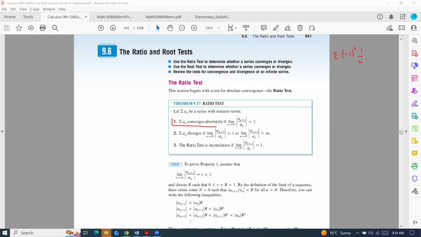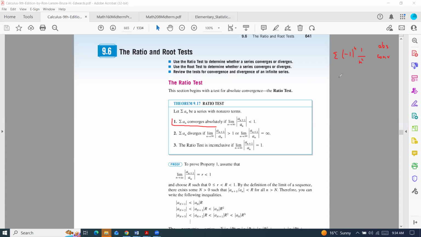So maybe I'll take it squared to make it convergent. So that's a convergent series in absolute values. So it would be absolute convergence. Why is it convergent in absolute values? Well, because it's a p-series and the power of n is more than 1. I just had it here somewhere and erased it.